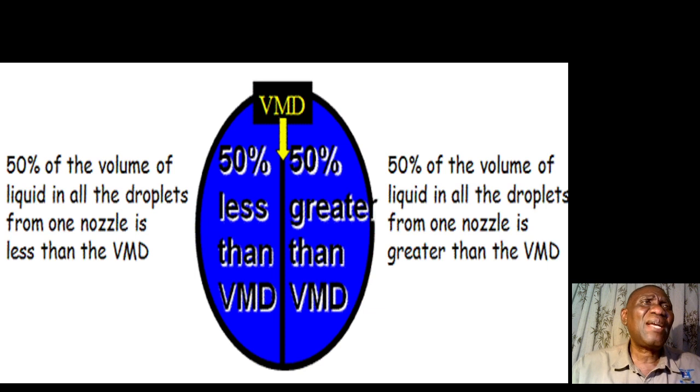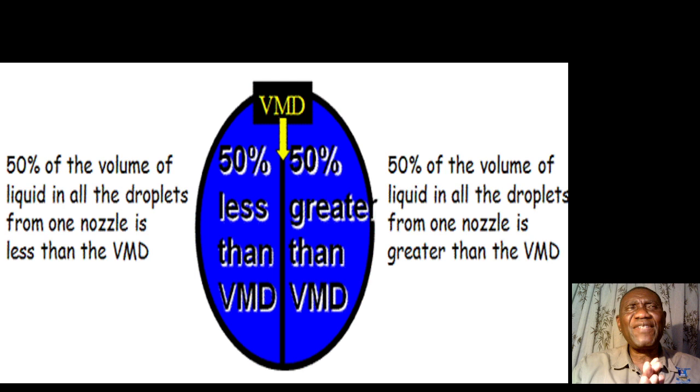Now, if you have a sample of droplets, you can divide them into equal parts, but you need a droplet size which is in between, which can divide these droplets into half, so that 50% is less than the diameter which is at the center.